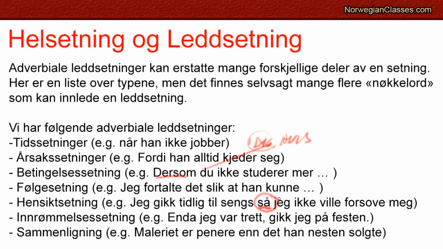Så can have different meanings, it can mean then, but here it is like a cause. Så jeg gikk på jobb, så gikk jeg til lunsj. There it's just like a time expression, just verb inversion, no subordinate clauses. Same word. In this context, it's a subordinate clause. It's a purpose for something. Jeg gikk tidlig i seng, så jeg ikke vil forsove meg. I went early to bed, so that I didn't oversleep.